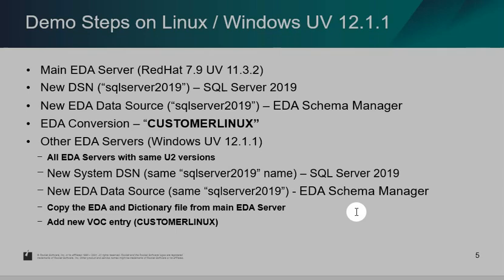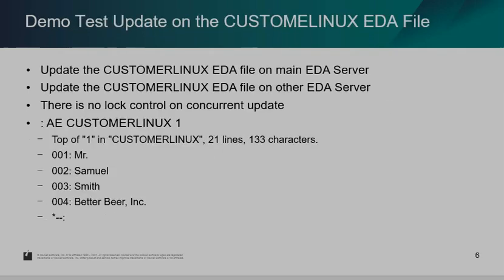I copy the customer Linux EDA file, create a similar DSN called SQL Server 2019 connected to the same SQL Server, then create an EDA data source called SQL Server 2019 for the Linux environment. Same thing, copy the EDA file and dictionary from the main server to the local machine and add the new VOC entry. Very similar to the demo, you can update the customer Linux file on two different machines.